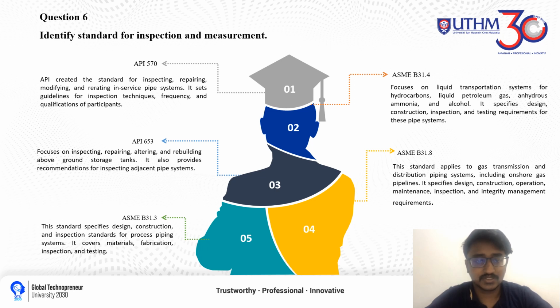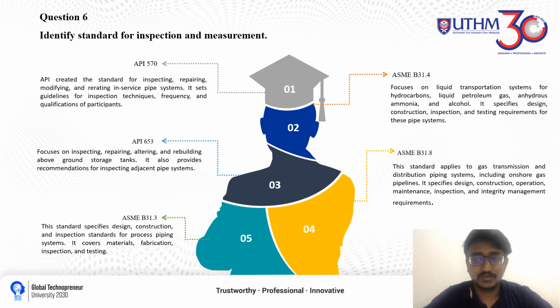It also provides recommendations for inspecting adjacent piping systems. ASME B31.3 specifies design, construction, and inspection standards for process piping systems. It covers material, fabrication, inspection, and also testing.